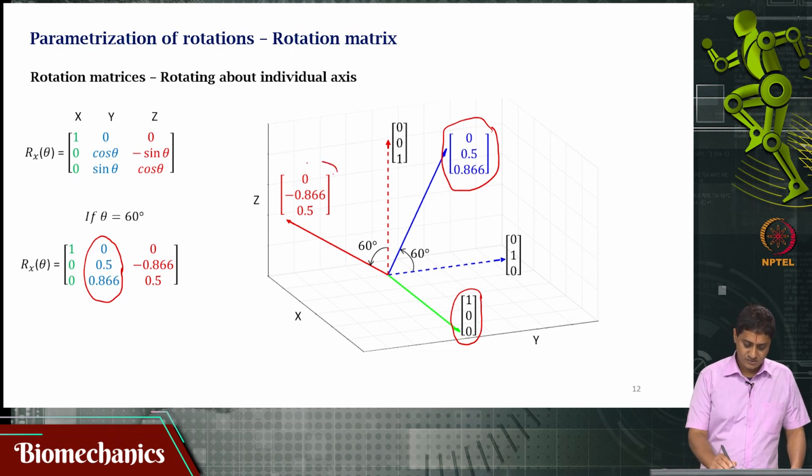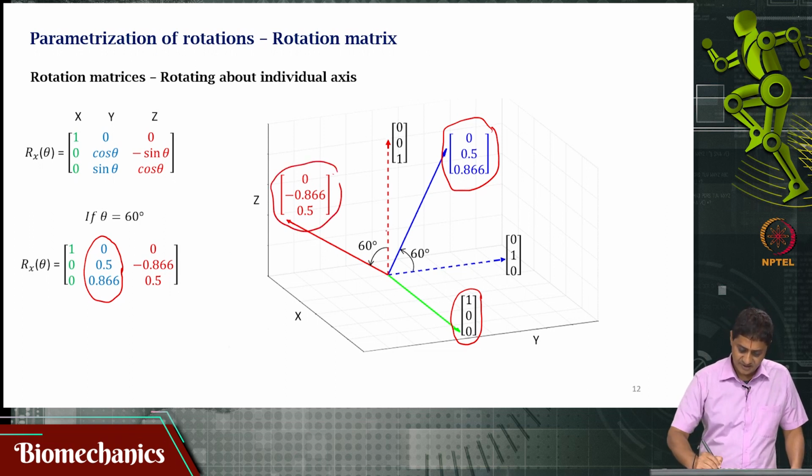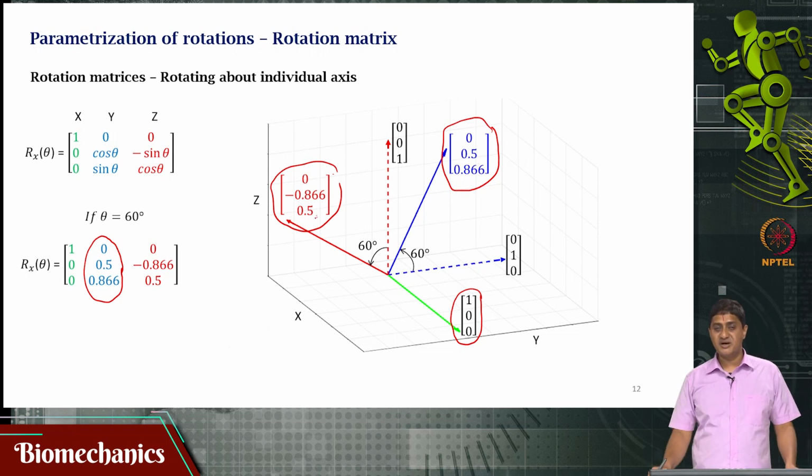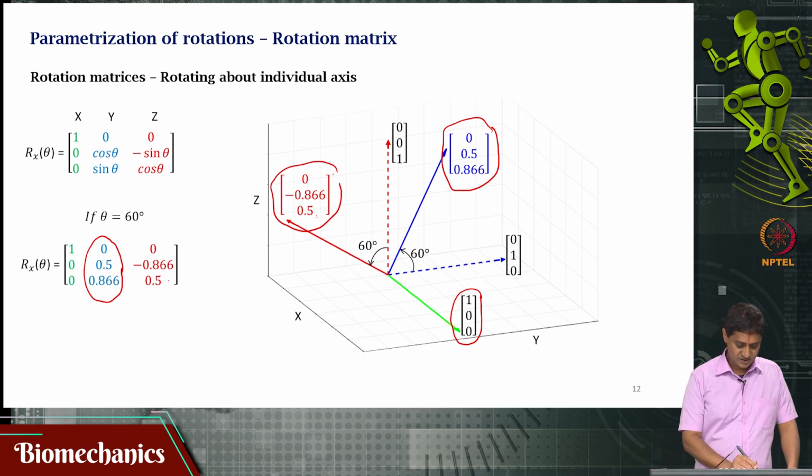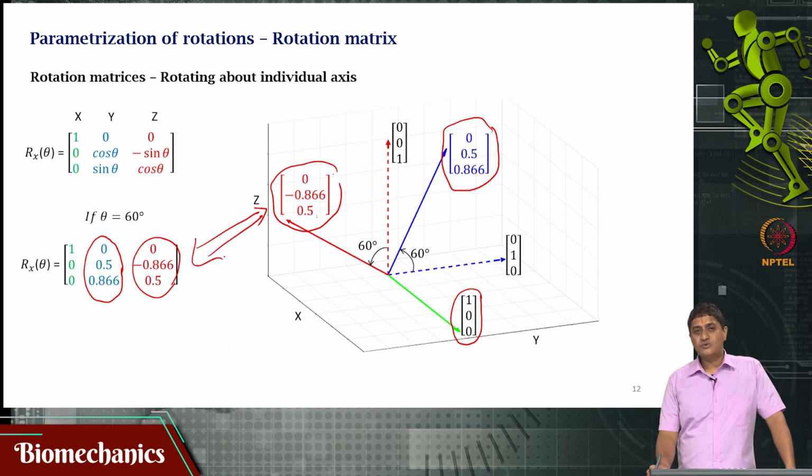And z, which was earlier here along the dotted line, has moved to this point, whose coordinates are 0, minus 0.866 and this. So, these coordinates have changed.